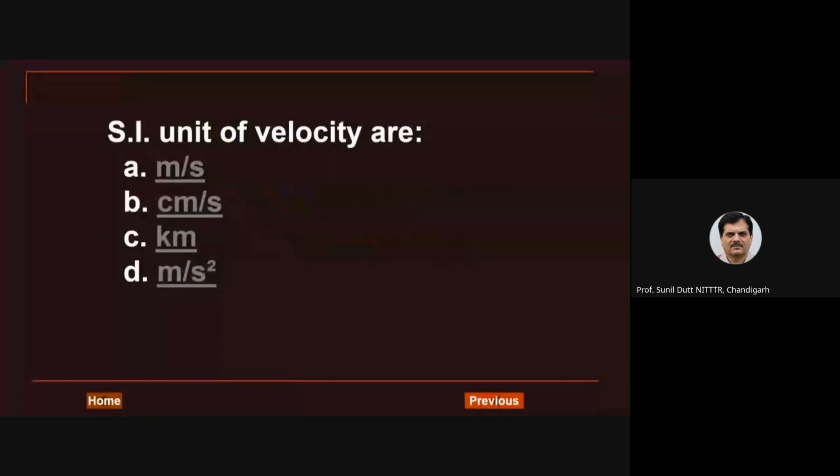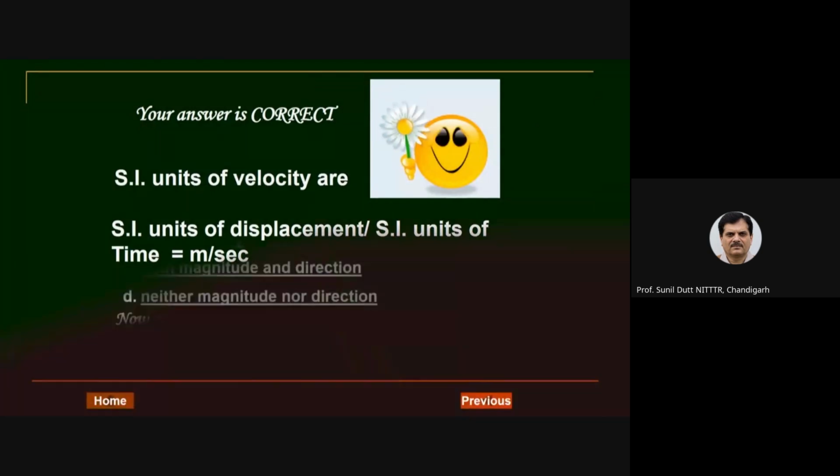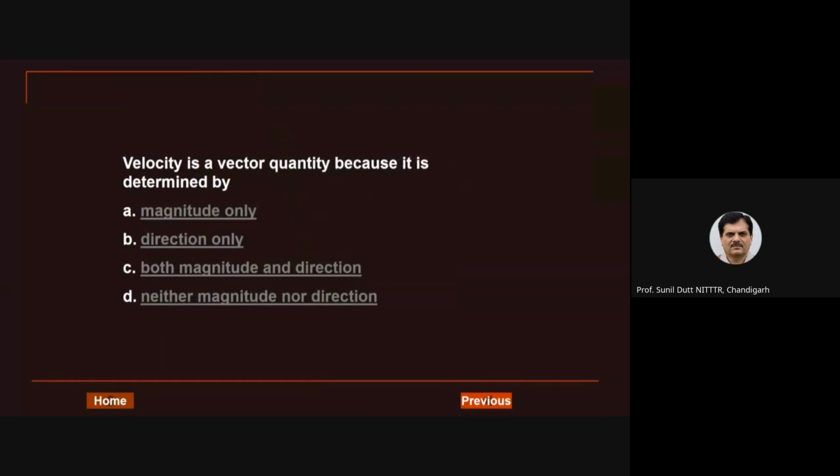Next question: SI unit of velocity are meter per second, centimeter per second, kilometer, and meter per second square. Let us take answer A as the correct answer. So your answer is correct. Again, the student is being reinforced and the reasoning is also given. Now he has to move to the next question. Velocity is a vector quantity because it is determined by, again, there are four options. So let us see both magnitude and direction.